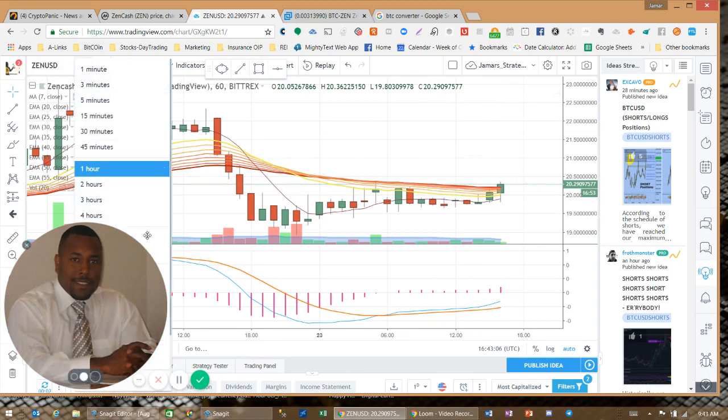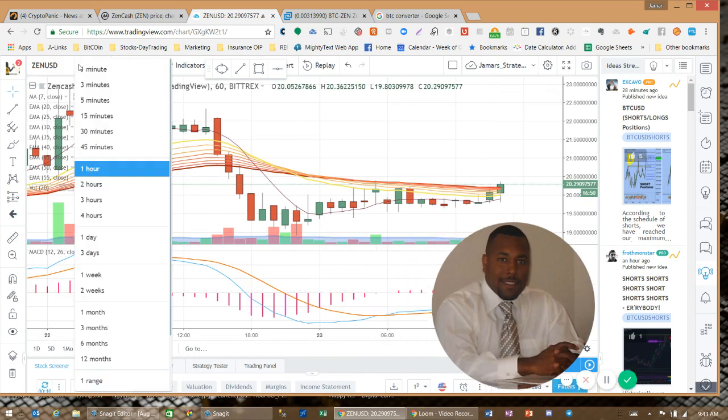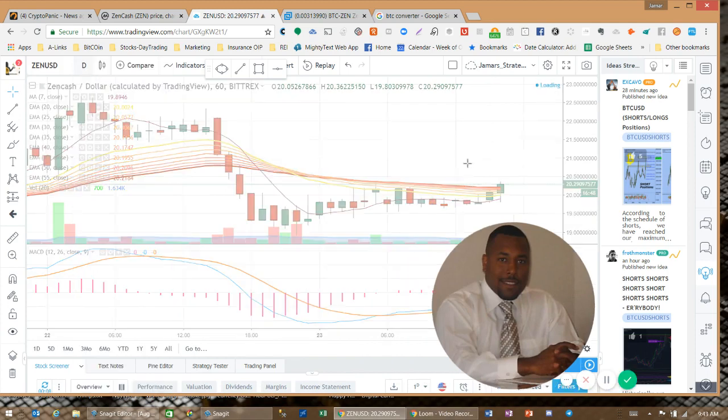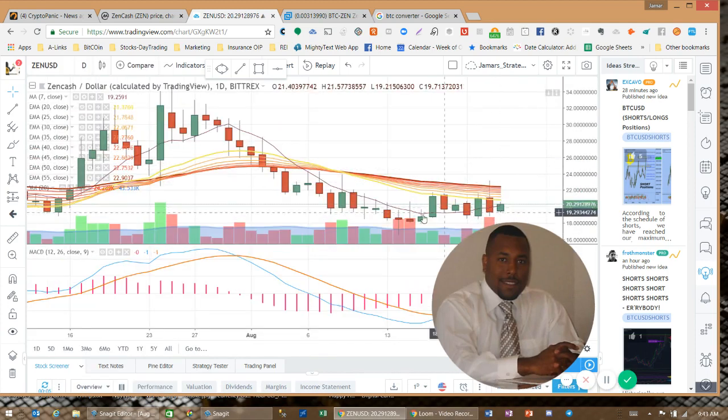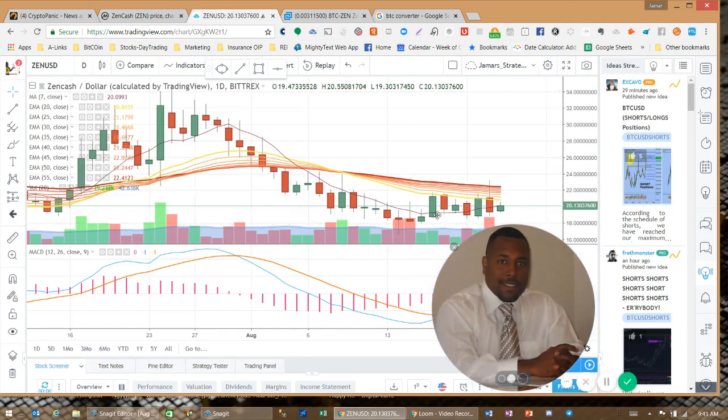So on the one day chart, we'll see that this is kind of a bottom area. And like I said, I expect this to pull back to 20 cents before more buyers come in. And as long as we have volume coming into the market, which I'm watching on CoinMarketCap, I feel comfortable in this trade.